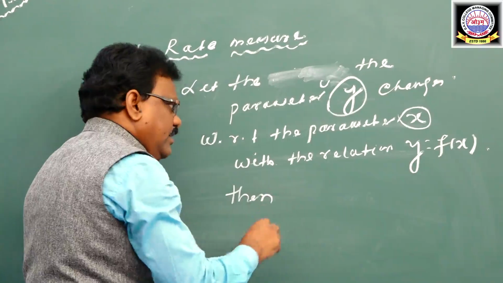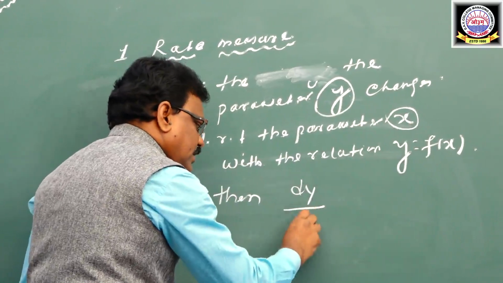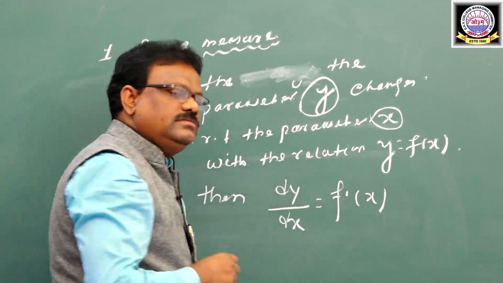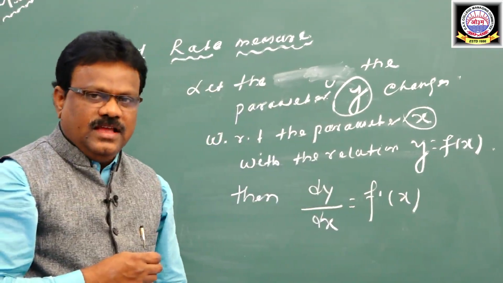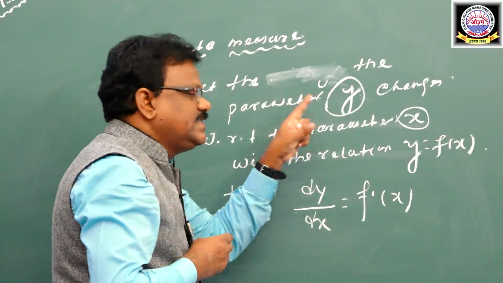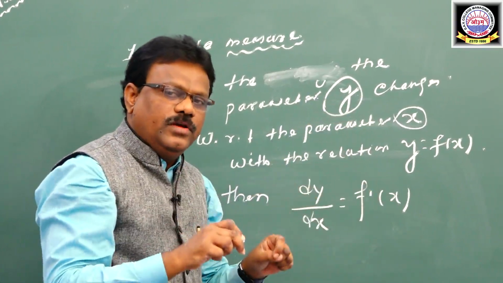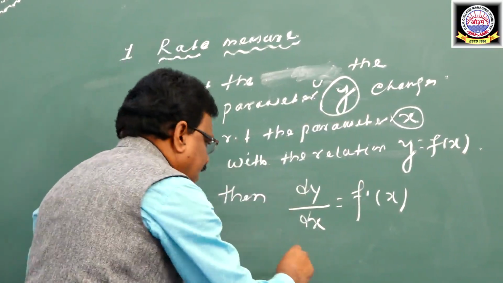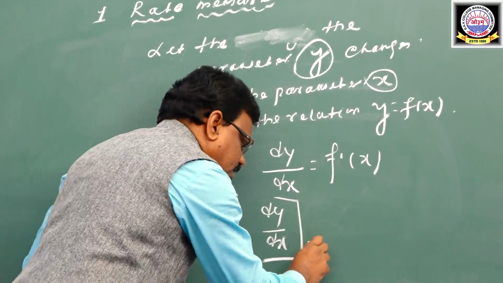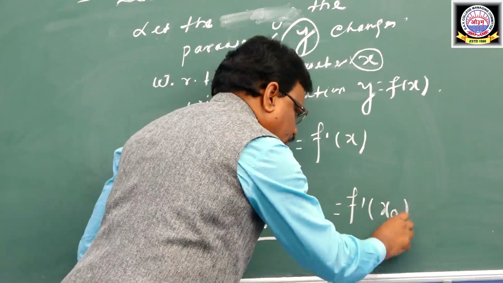Then we can say the change of y, dy, with respect to change of x, dx, is nothing but the derivative of the function, that is f dash x. And if I choose a particular point, suppose I want to find the change of the parameter y with respect to the parameter x at x is equal to x0, then I can write dy by dx at x is equal to x0, which will be called f dash x0.